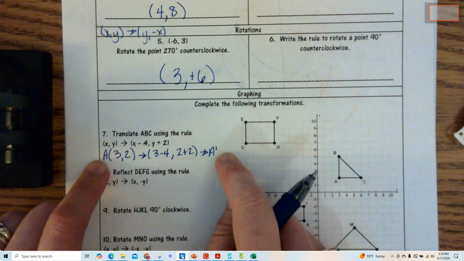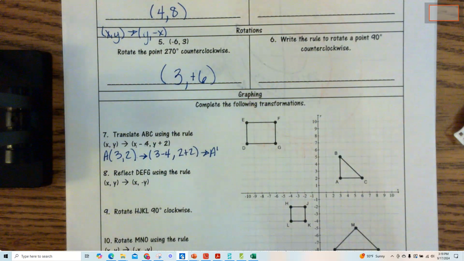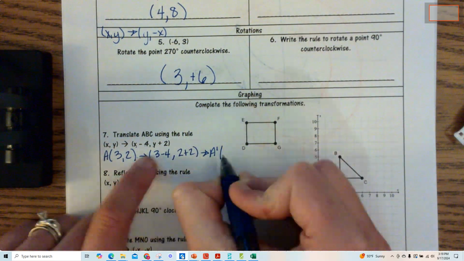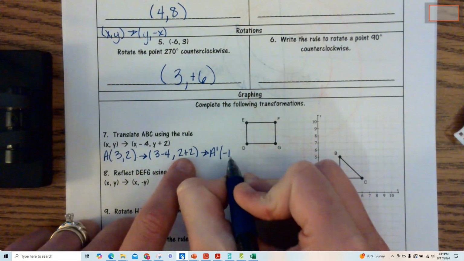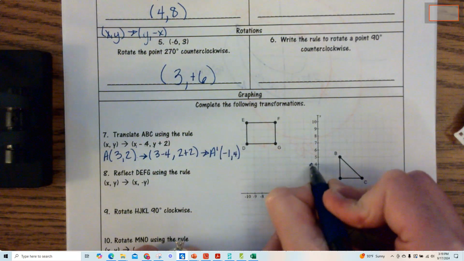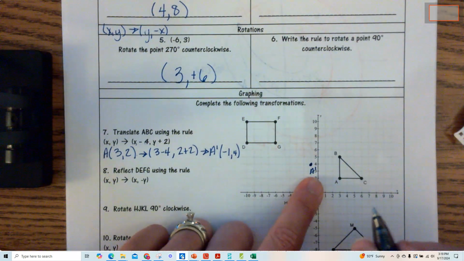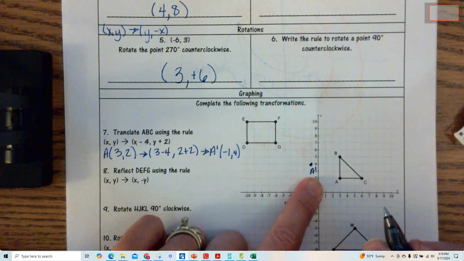It's A with this apostrophe, and that apostrophe says prime, A prime. And that indicates that's the new point. That's the translated point. So 3 minus 4 is a negative 1. 2 plus 2 is a 4. So negative 1, 4, that's A prime. And it is important that you label your points when you graph them.